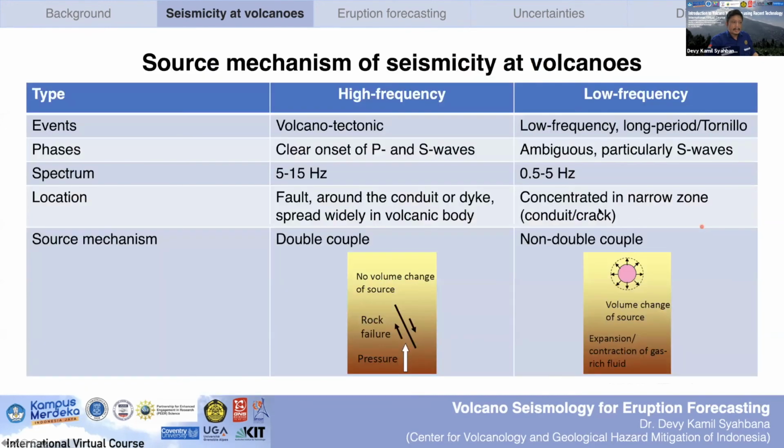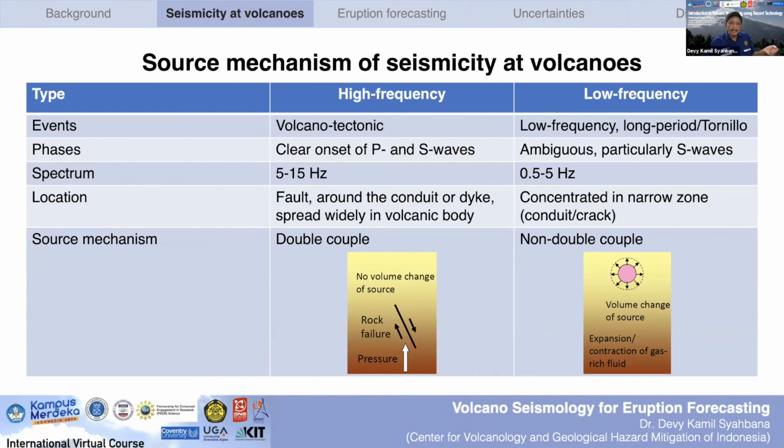And then the source mechanism of this seismicity. For the events, we will distinguish only the high and low frequency. The high frequency events are volcanotectonic events. The low frequency events can be low frequency, long period, or tornillo, or harmonic tremor. The high frequency event has clear onsets of P and S waves, but the low frequency is ambiguous, particularly S waves.